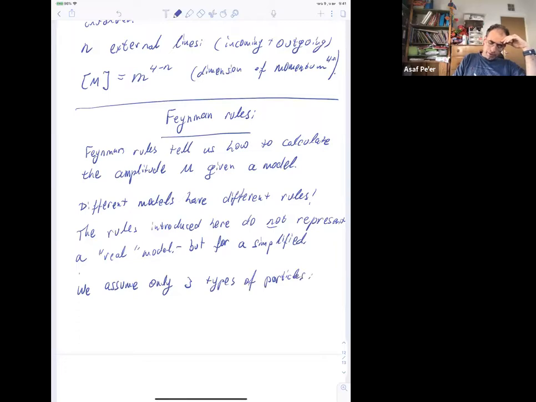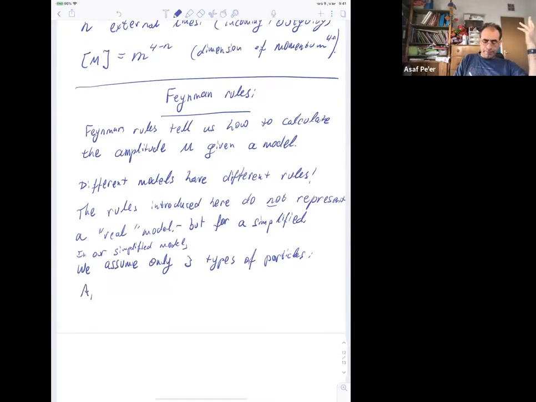Let's call them A, B, and C, and they have 3 different masses, MA, MB, and MC.